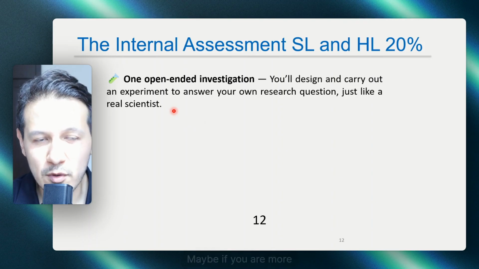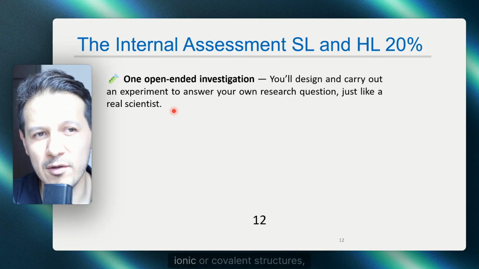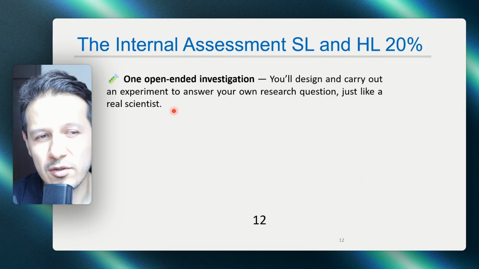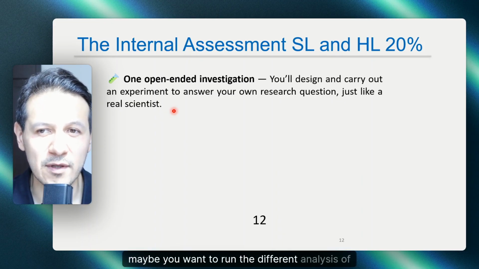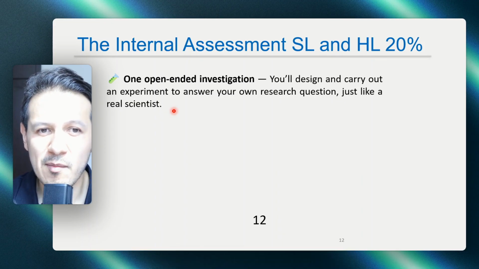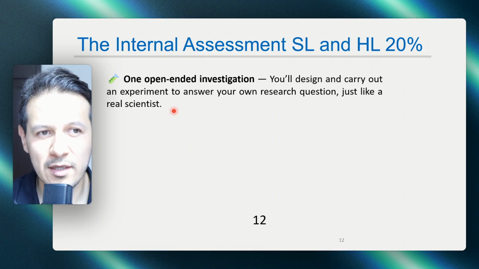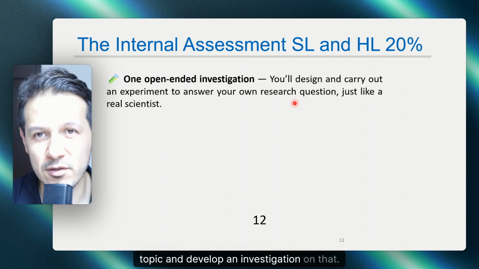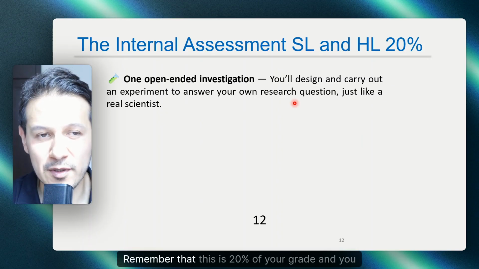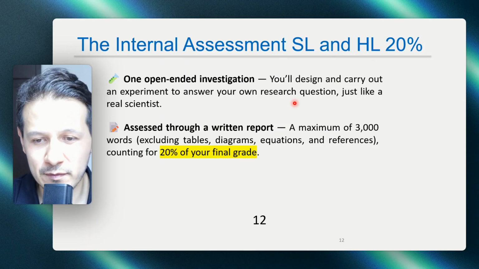Maybe if you are more interested in ionic or covalent structures, maybe you want to run different analyses of bonding, enthalpies. So here is the opportunity for you to get passionate about one topic and develop an investigation on that. Okay. Remember that this is 20% of your grade and you need to enjoy it.